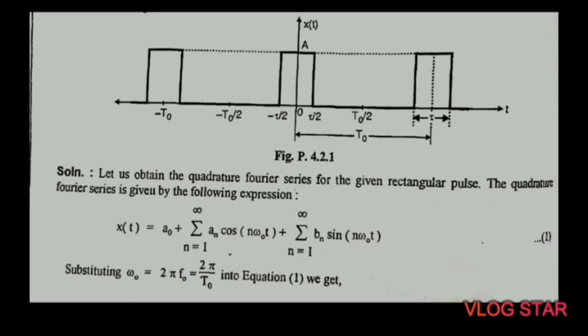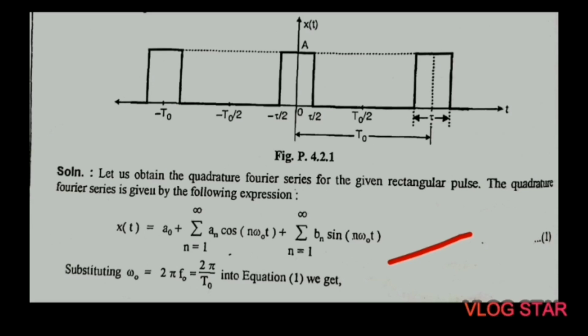The quadrature Fourier series is given by the following expression: x(t) = a0 + summation of n = 1 to infinity an cos(n omega 0 t) + summation of n = 1 to infinity bn sin(n omega 0 t).